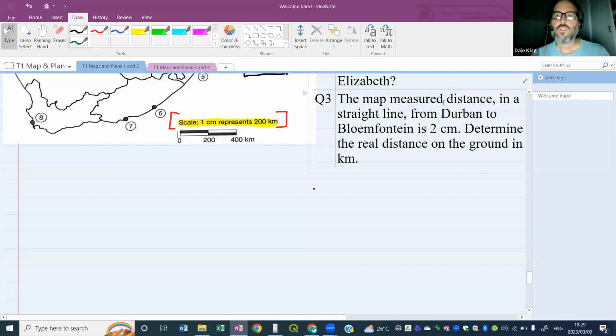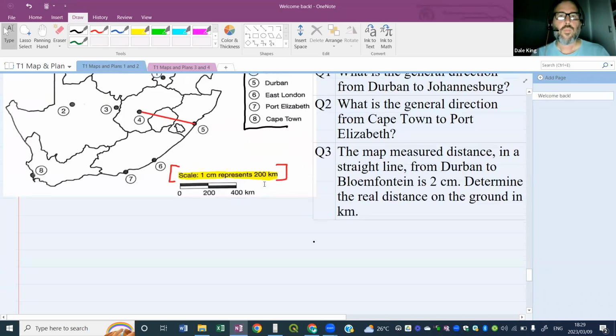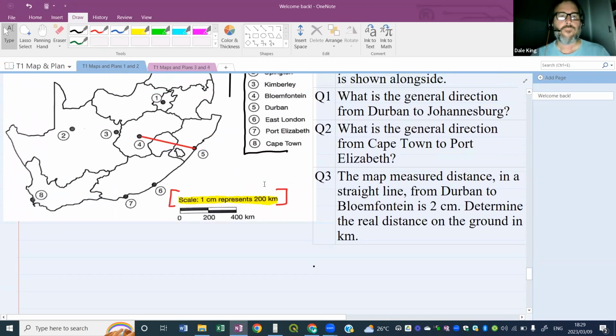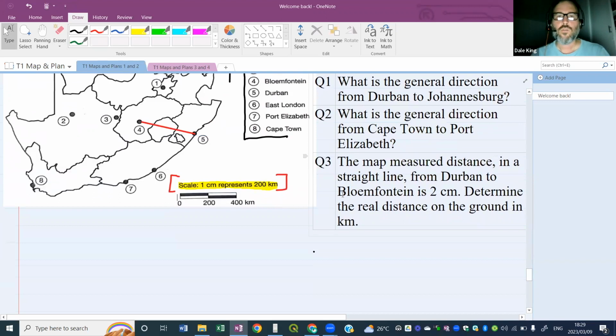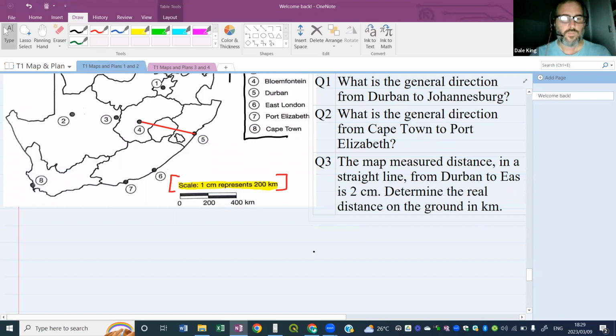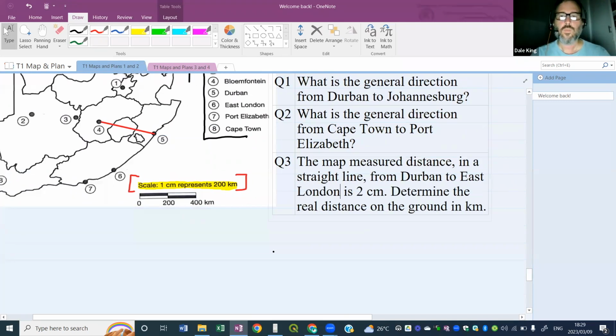I'm going to say: the map measured distance in a straight line from Durban to East London is 2,35 centimeters.